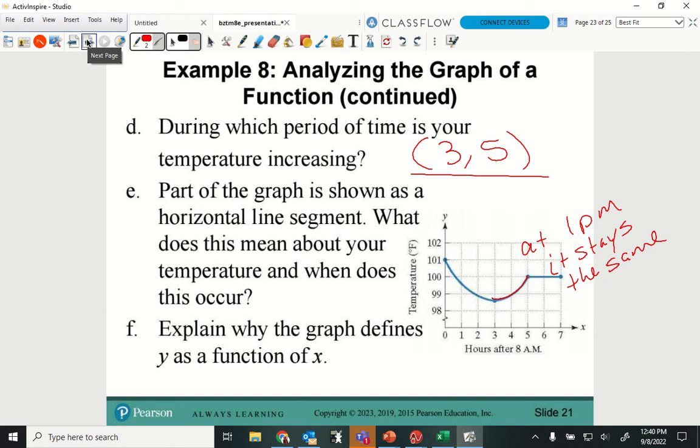Okay, and as we progress through the day, your temperature is going to go up and down through this.